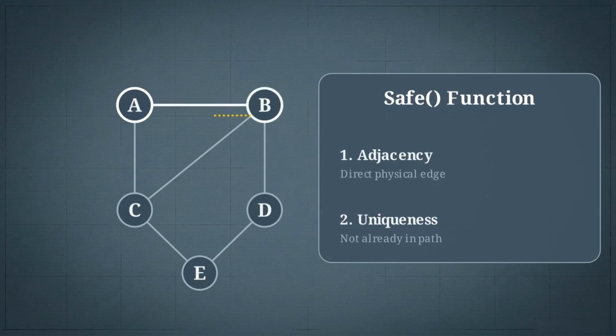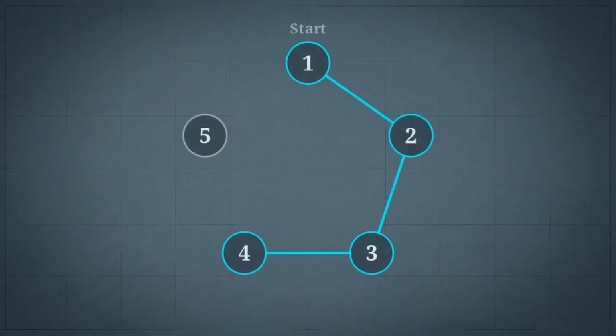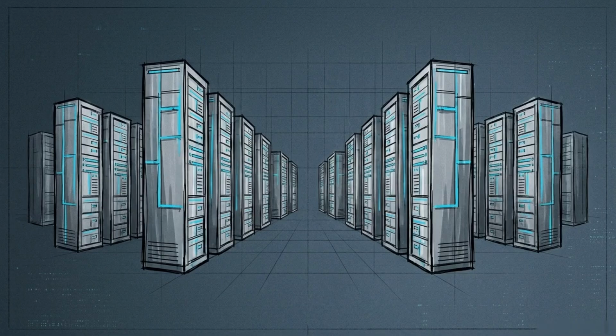From A to B, returning to A is also rejected, as A is already in the path. Only when both conditions are met does the algorithm advance to the next position. Once the path contains all nodes, a final check verifies that the last node connects back to the original starting point. The safe function ensures the system only allocates resources to moves that adhere to these global rules.